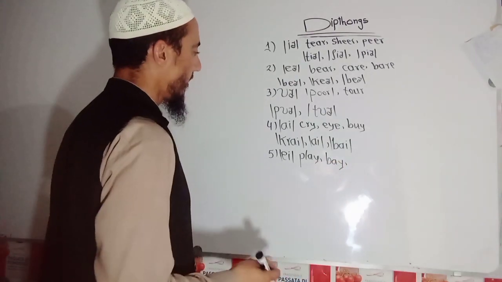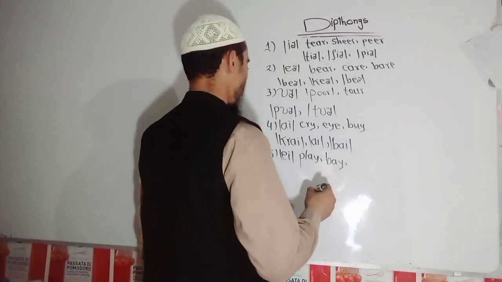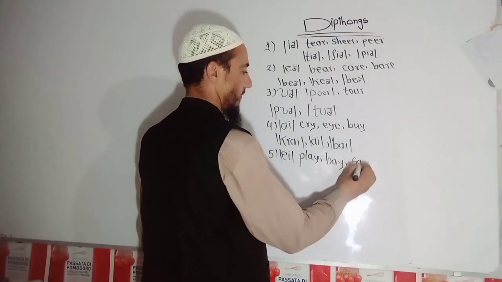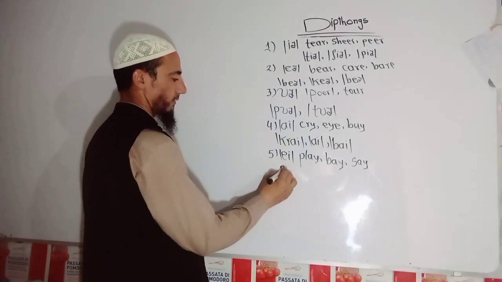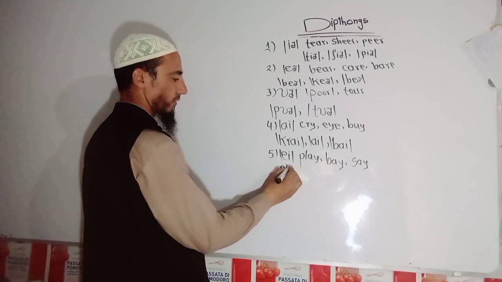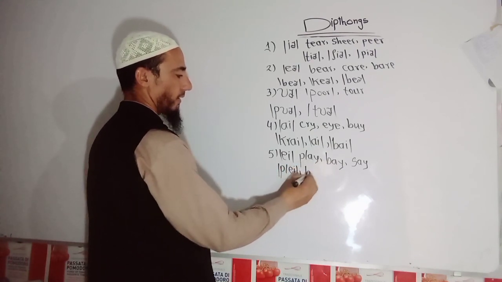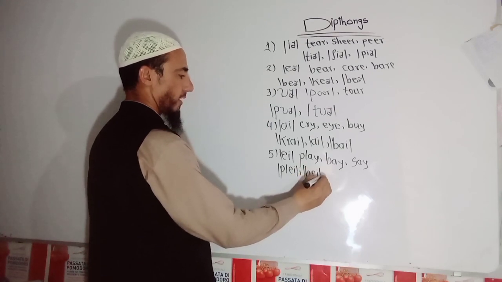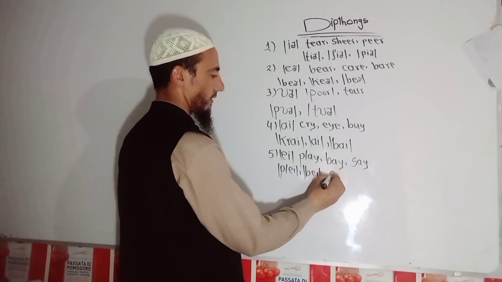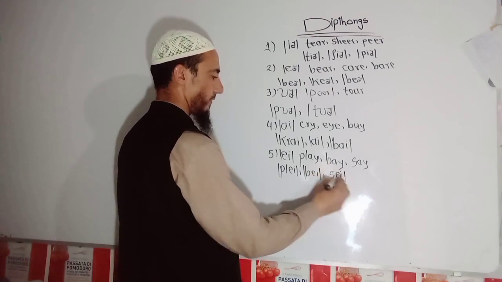Yes, play, bay, okay, and say. Let me change it. Play. Okay, play, and then bay. Yes, and the last one, say. It will be in this way, say.